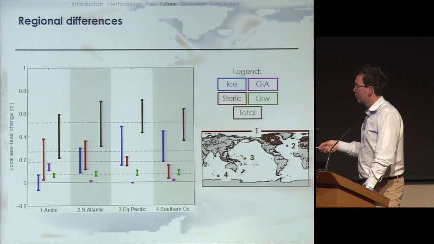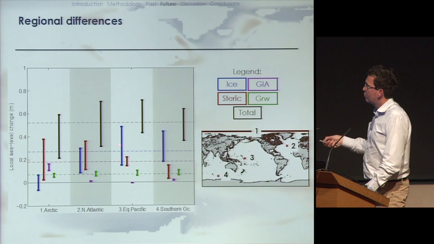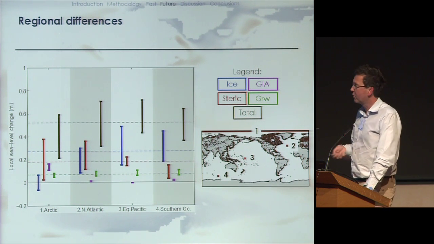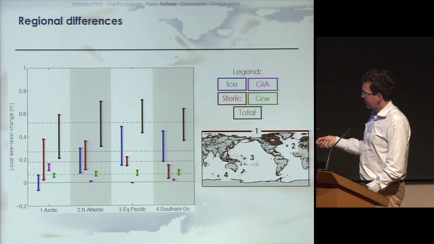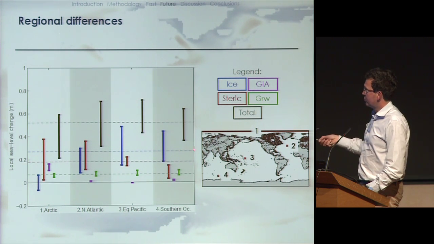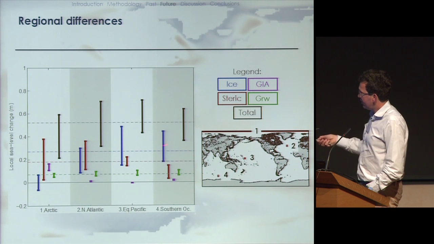And in the Equatorial Pacific, the ice component is the dominating component because that's what we call far field for the ice sheet contribution. So you can see that the contribution from the ice is larger than the global mean value in the Pacific. And then we have finally the Southern Ocean, which is far enough from Antarctica to have still a large contribution from the ice component.